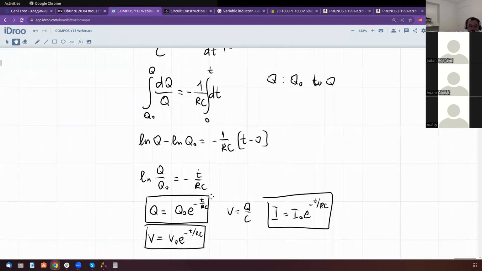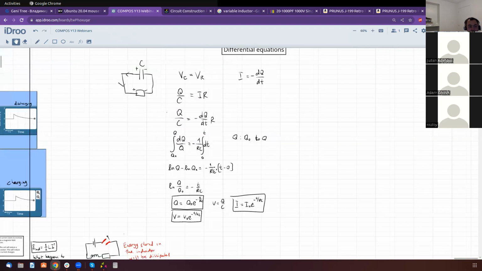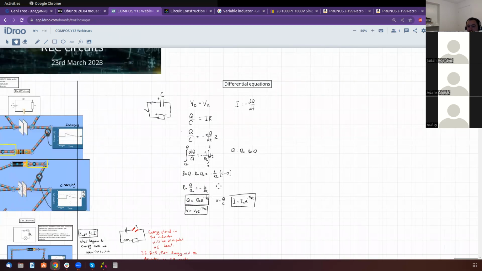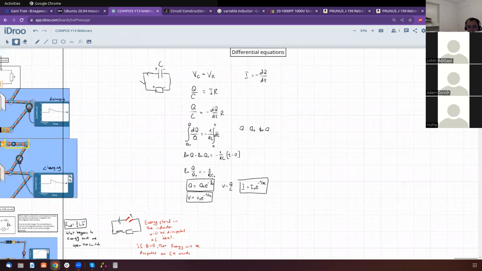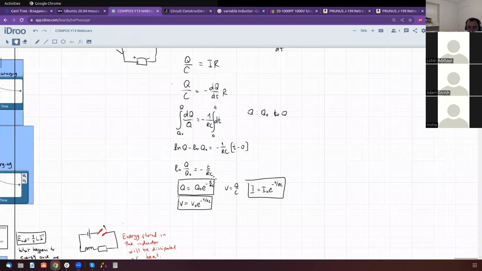Did you know how to derive these formulas before? Have you ever derived them before? Yes or no? Okay, and Judah, have you derived this before?